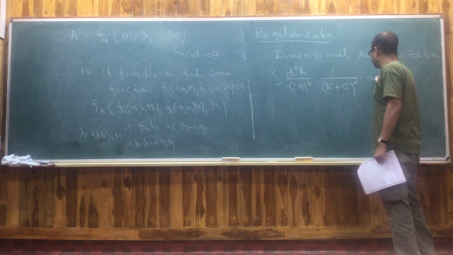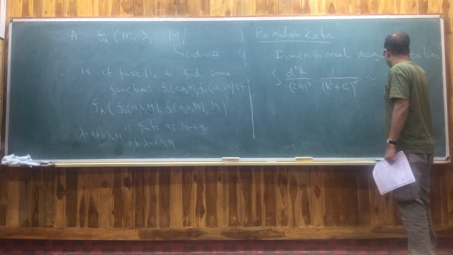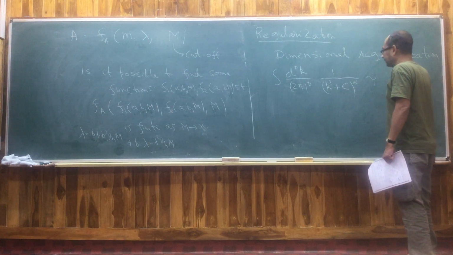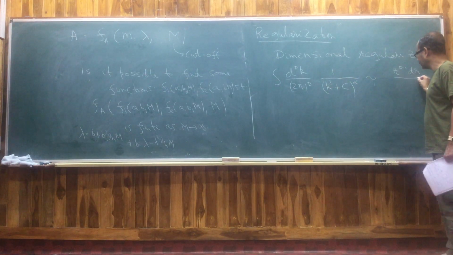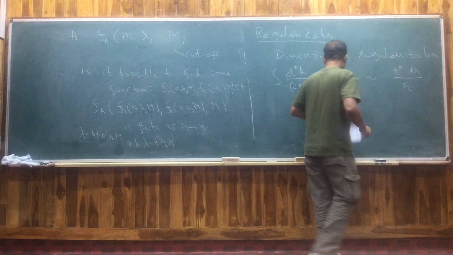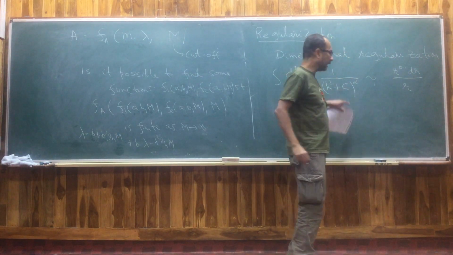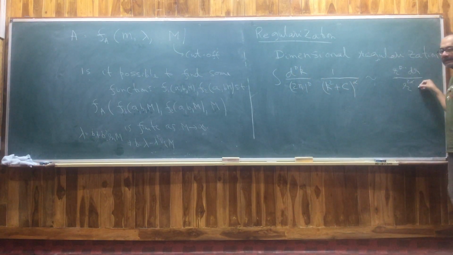Let's go to the large k limit. Then the numerator goes as r to the d minus 1 dr. What about the denominator? It goes as r to the power 2 alpha, since k squared to the power alpha. dr by r is divergent.